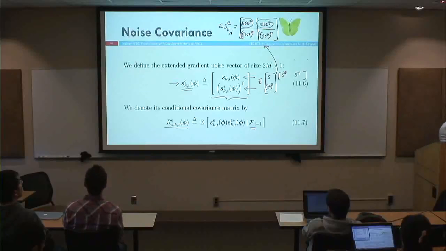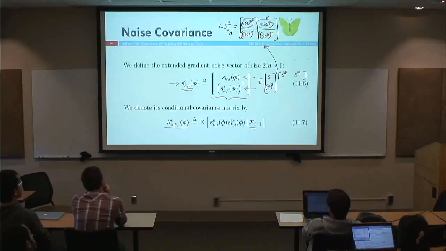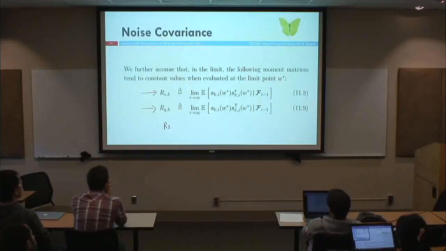What I defined on the next slide are the limiting values of these two, as I goes to infinity. For any time I, there will just be R_S,k,i and R_Q,k,i without a limit.